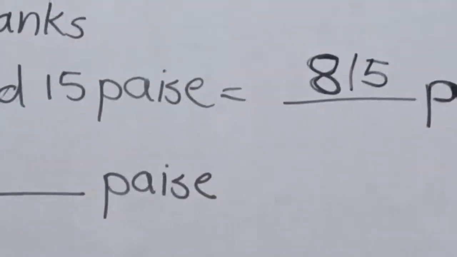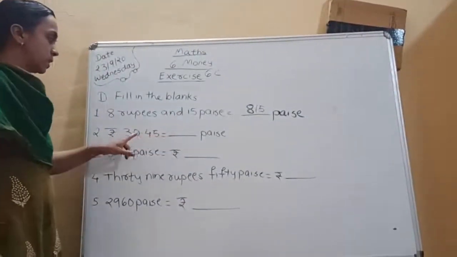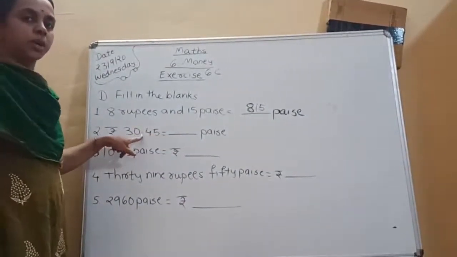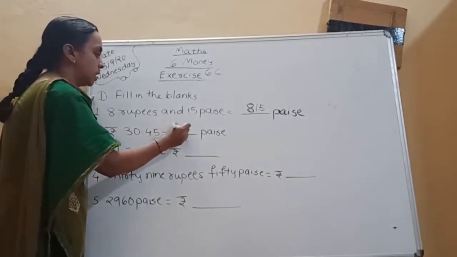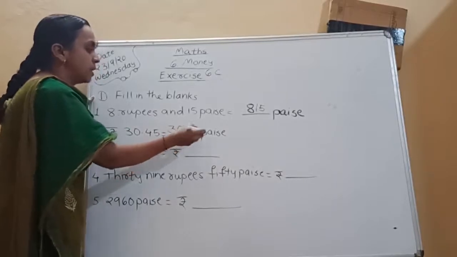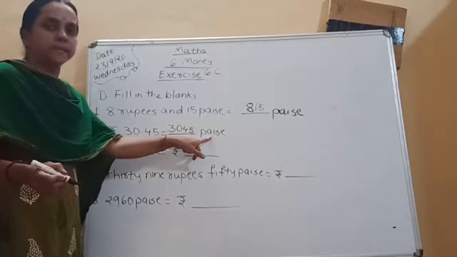Now see second example, rupees 30.45. So just we have to remove this dot. When we remove this dot, 3045, we can get the answer 3045 paise.